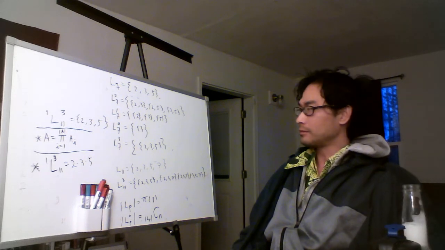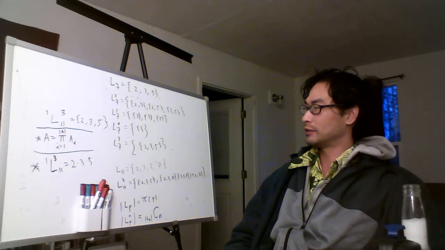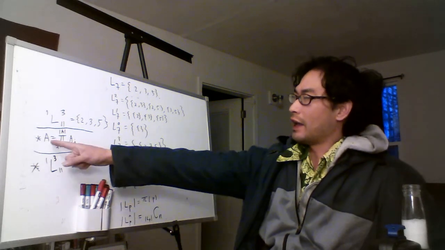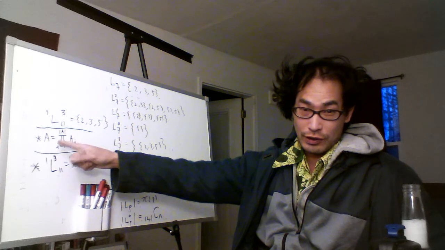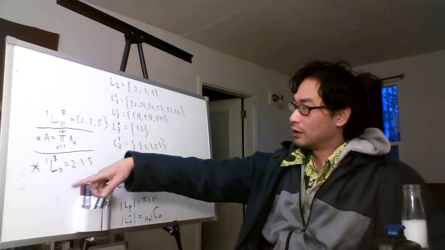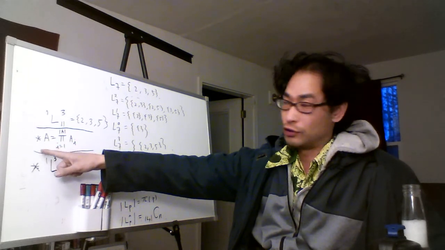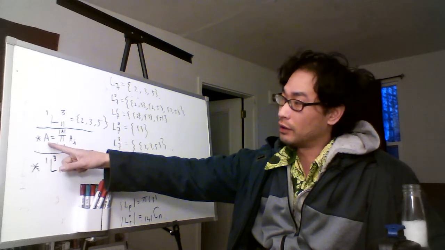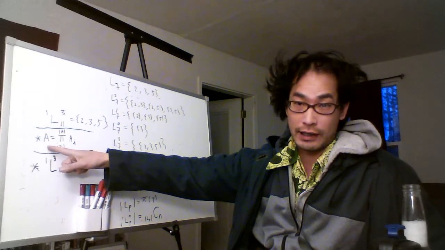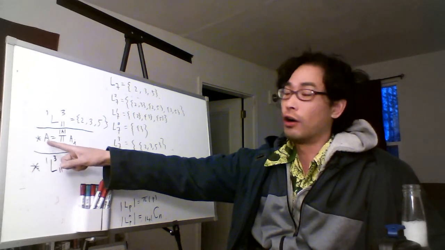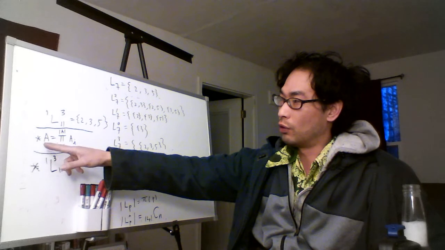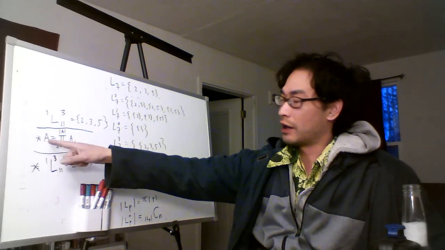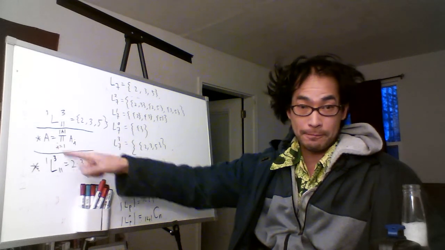So this is from last time. You have set A with some elements. We define this unary function that takes in only one input variable, a set, and outputs a number. You just multiply all the members. That's this star A multiplication.